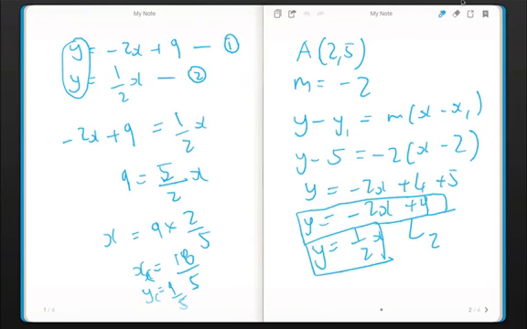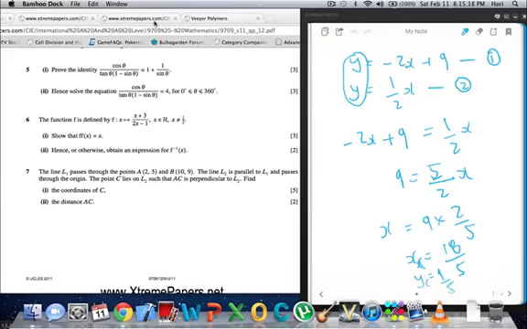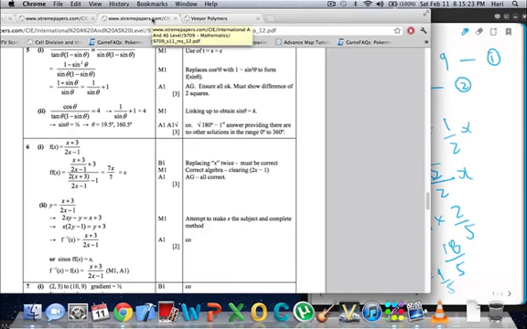So that's the basic idea. Let's check our answer. It should be right.